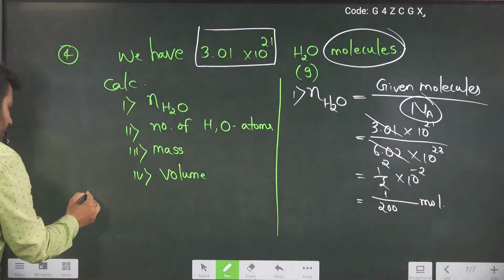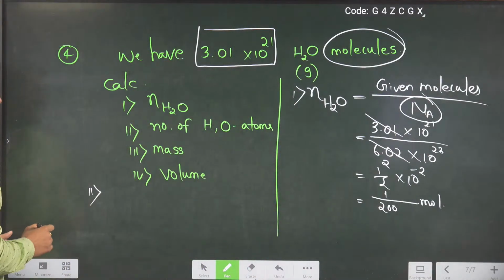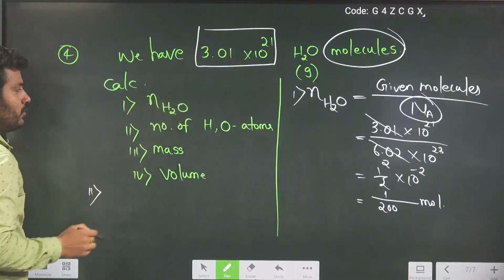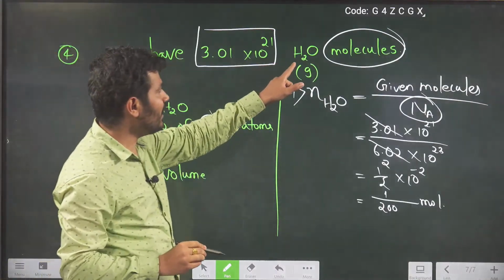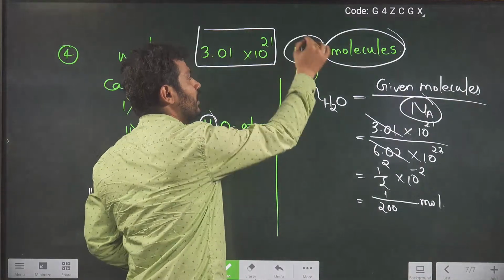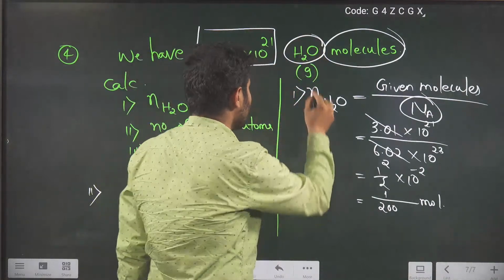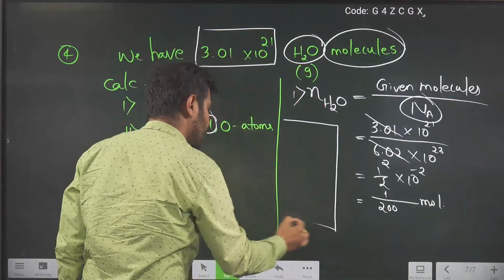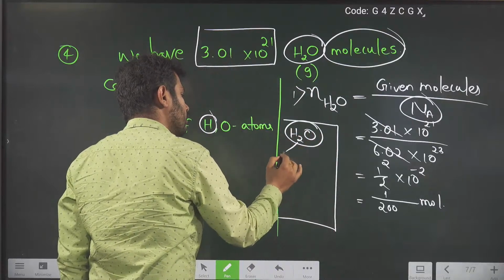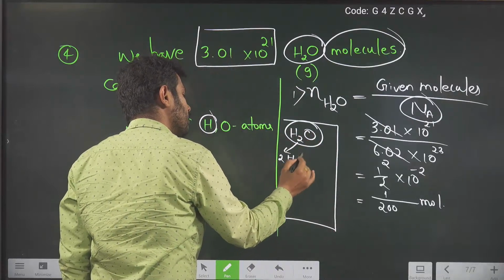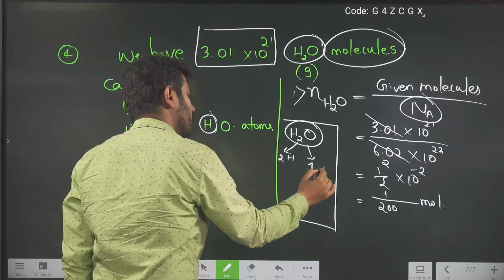Now the second part in the question is number of hydrogen atoms. So you people tell me, if I have one single H2O molecule, what are the things we have? One single H2O molecule has 2 hydrogen atoms and 1 oxygen atom.